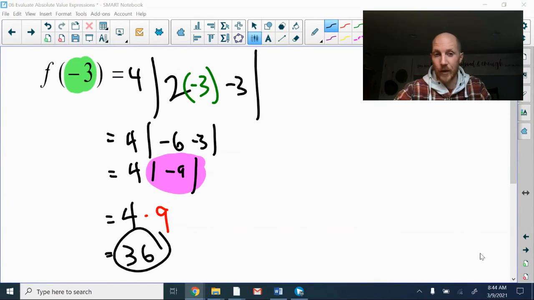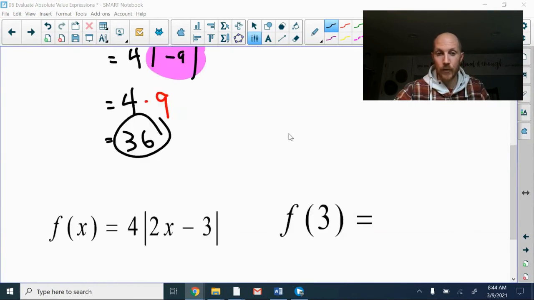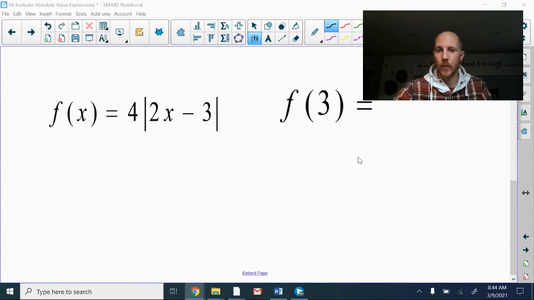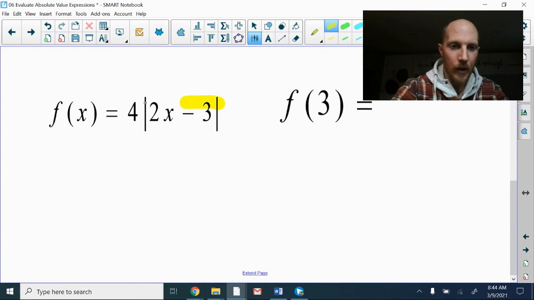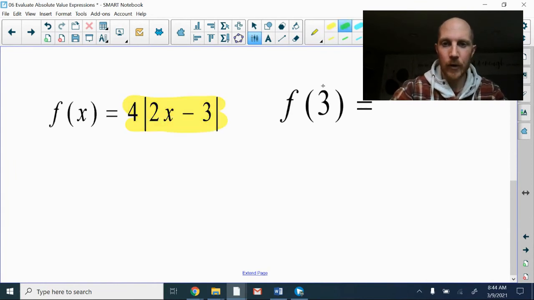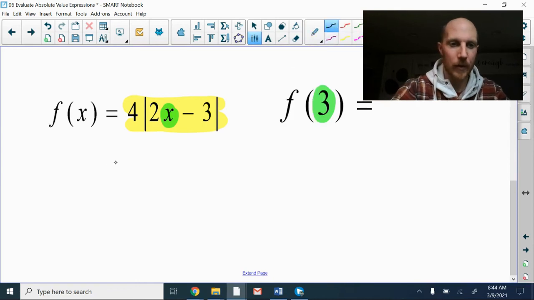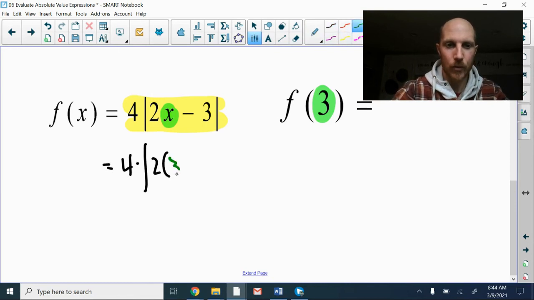All right. Just for the sake of completeness, let's look at one last example. Let's take the same function that we just evaluated for -3, and let's see what will happen if we instead evaluate it for +3. So same function, this time +3 is going to go into the input spot. So we're going to have 4 multiplied by 2, 2 gets multiplied by 3, and then we subtract 3.